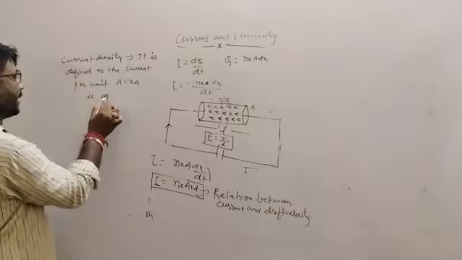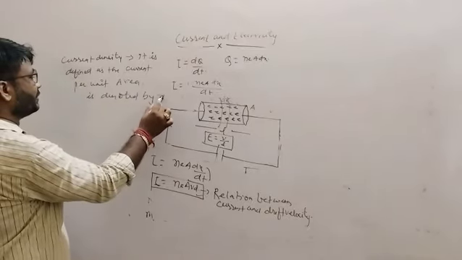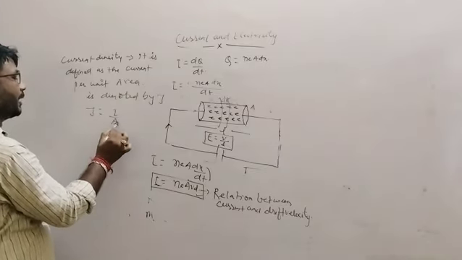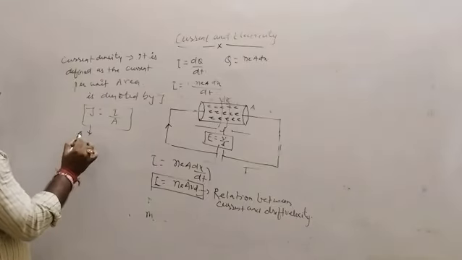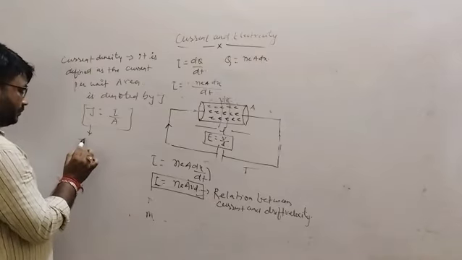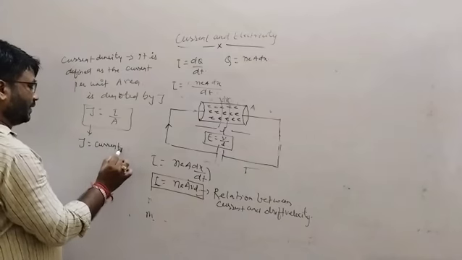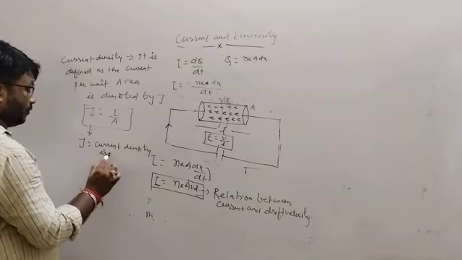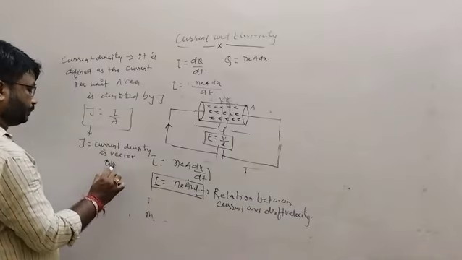It is denoted by J. That J is given by I by area. Here J, the current density, is a vector quantity.